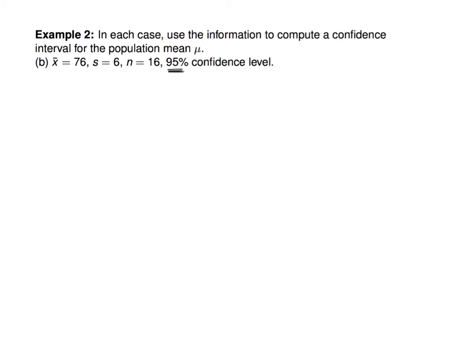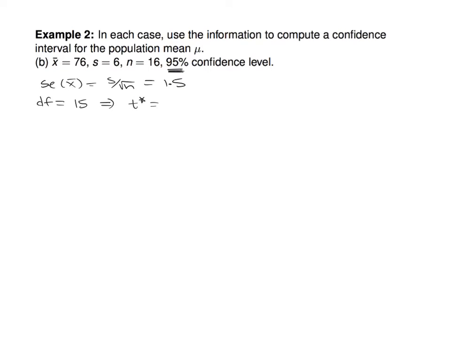Okay, so the standard error of x bar is still s over root n, and those numbers haven't changed, so it's still 1.5. Our degrees of freedom is still 15. But now, because we're looking at a 95% confidence level, our t-star is bigger.